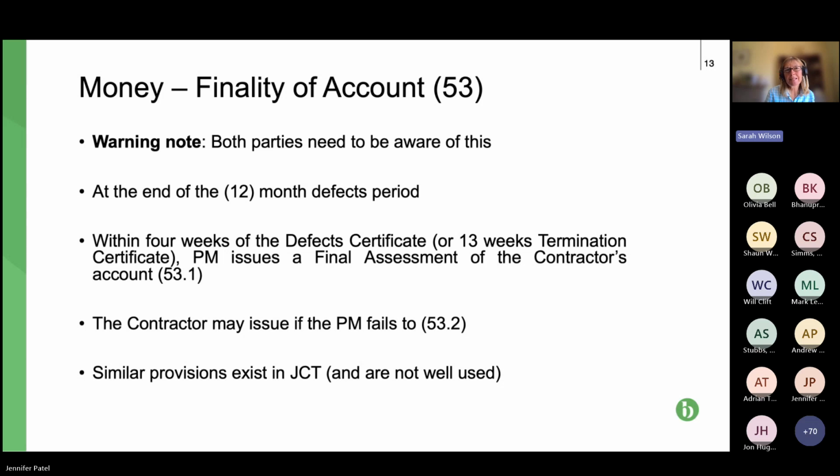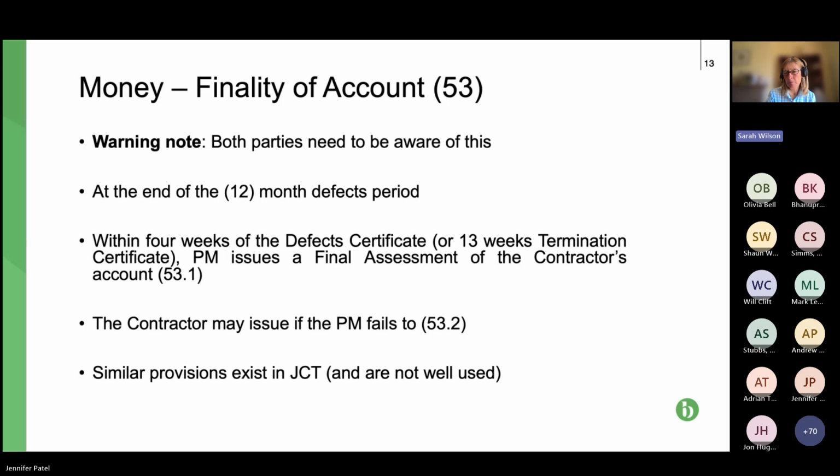So very quickly, how the process works. It's at the end of your defects period, so usually 12 months. So you have the defects period, and hopefully the project manager issues the defects certificate. Ignore the bit in brackets in that third bullet point. So once you've had the defects certificate, the project manager issues a final assessment of the contractor's account.